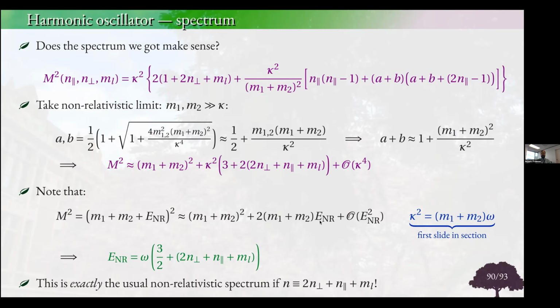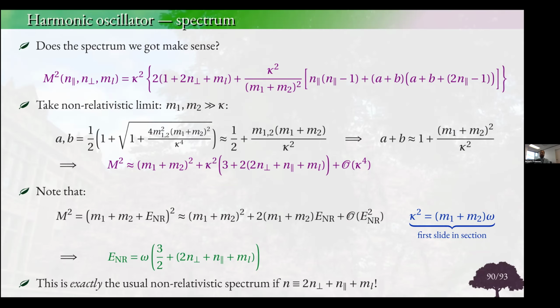Square that, multiply it out, and drop the order ENR squared terms, and compare this to the result that we got in purple, we find that the non-relativistic energy, substituting in kappa squared is the sum of the masses times omega, is exactly omega times 3/2 plus some combination of quantum numbers, which is exactly the usual non-relativistic spectrum if this combination of the light front quantum numbers is identified with the principal quantum number of the non-relativistic oscillator.